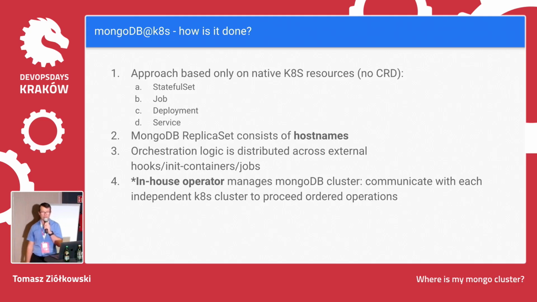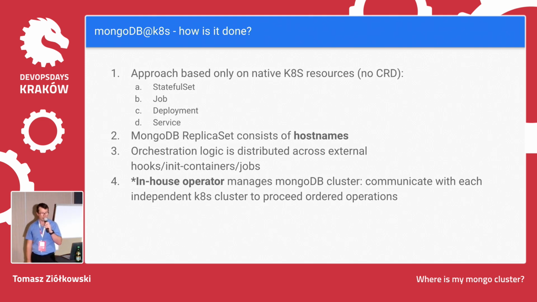And our MongoDB replica set, don't confuse that with a Kubernetes replica set, consists of host names. It means that the definition of the replica set is the list of the host names that connect to each other.